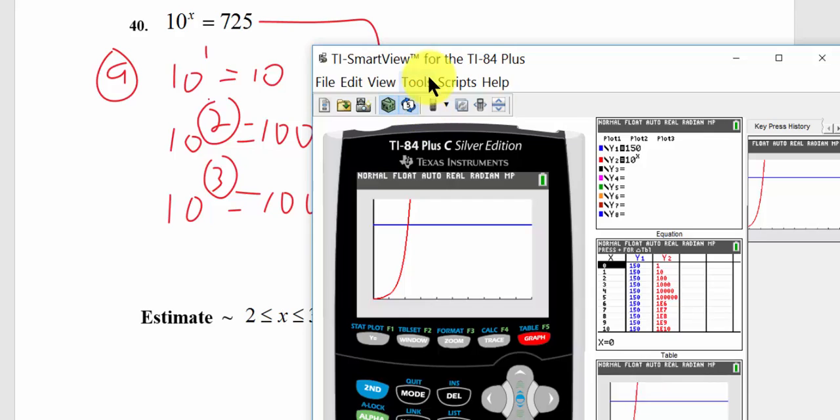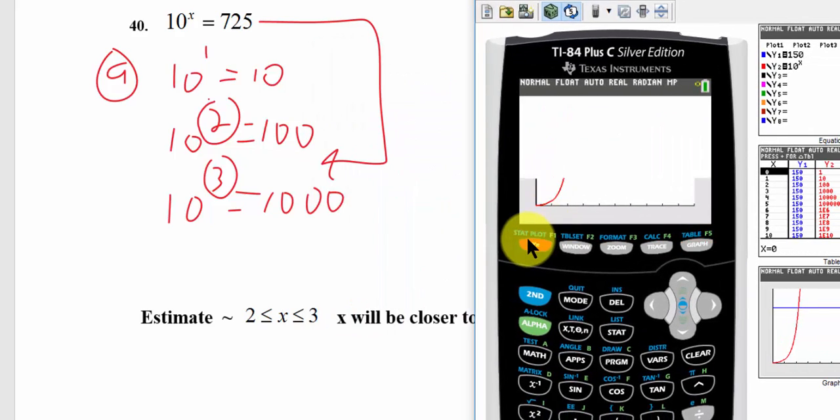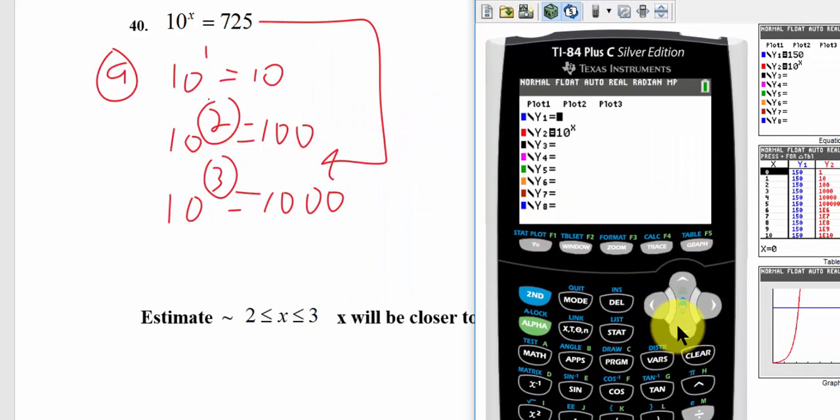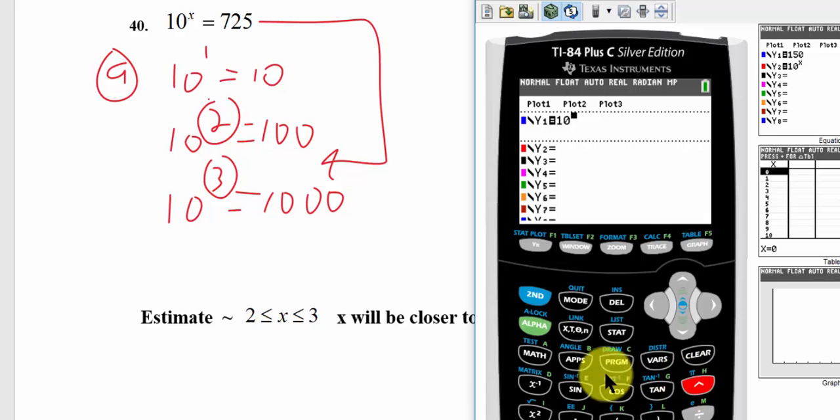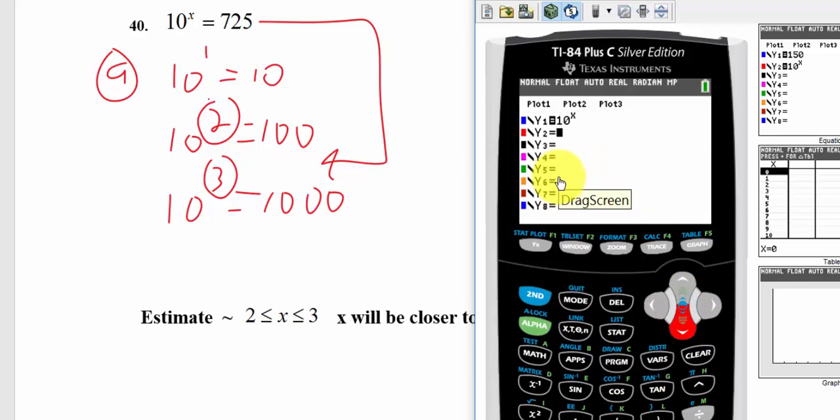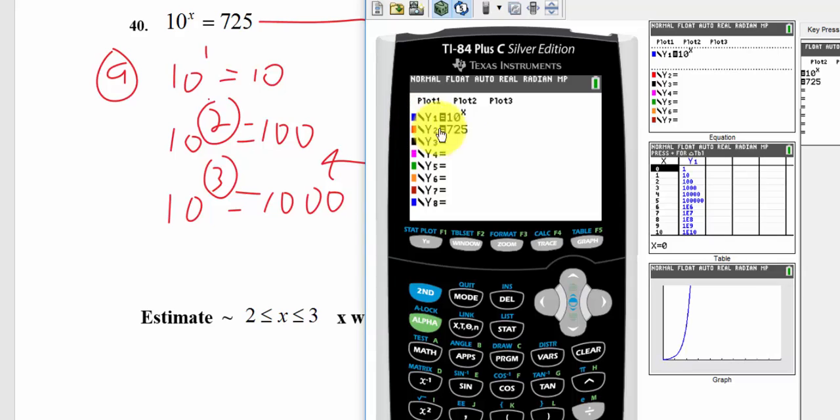If we wanted to solve by graphing, go to y equals, and I'll clear this out. This time I'm going to put 10 to the x in y1. If you left 10 to the x in y2, that's fine as well. And then the right side of the equation was 725, so I put 725 as y2. Again, you can switch the order, it doesn't matter.